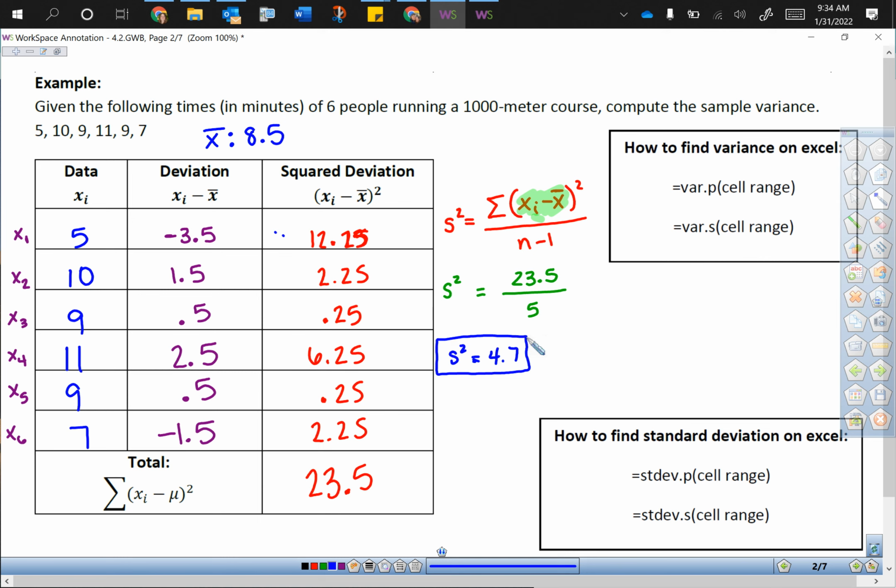The reason for that is because we took the sum of the deviations and squared them before we divided by the number minus 1, which means that number, 4.7, that variance, is really a squared deviation.